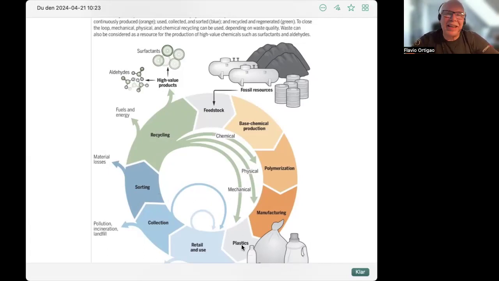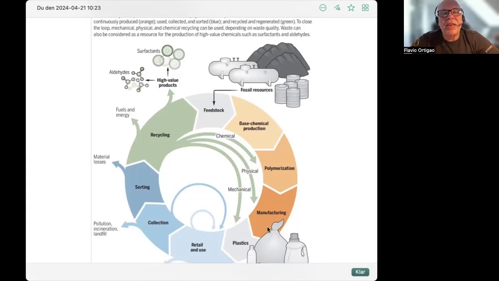So these plastics have normally lower quality and cannot be used for the original purpose. They are not comparable with virgin plastics. So mechanical recycling is interesting when you can do it, you should do it, but bear in mind there are some limitations.